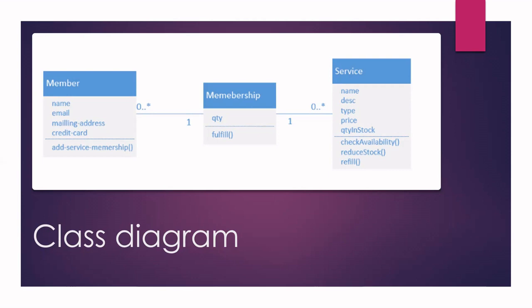No. If Jack wants coffee and cigarettes, which quantity is it? We have one object for that member, right? So the quantity itself is an attribute that doesn't belong to the member or the service. It belongs to the relationship between them. That's why this is necessary.